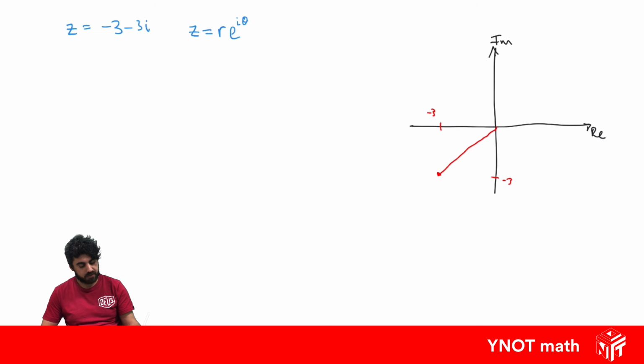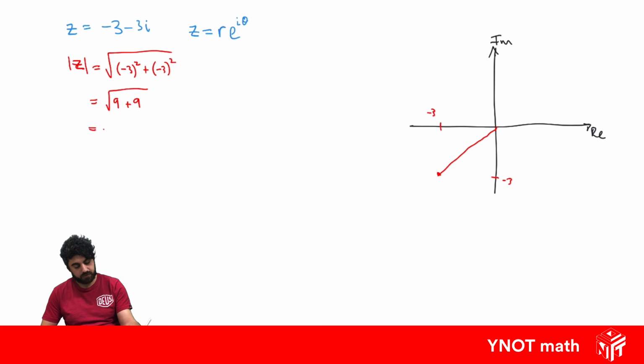We know we can find the modulus of z by just taking the square root of the real part squared plus the imaginary part squared. And this is going to give us the square root of 9 plus 9, so root 18, which is just 3 root 2. So we've got the modulus, now we just need the argument.